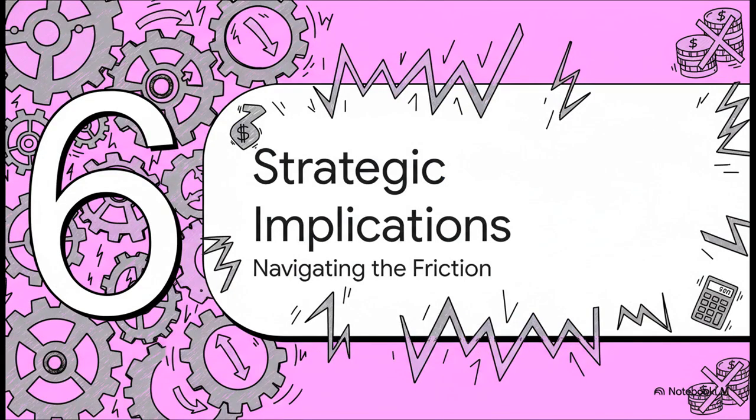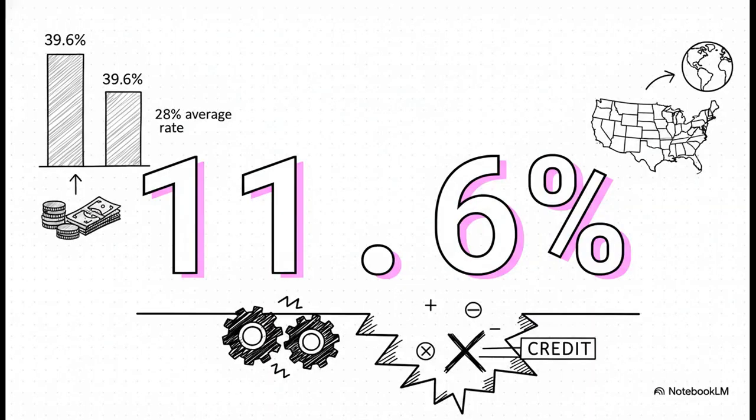Okay, so this brings us to the strategic implications, and this is where things get really tricky. What happens when these two rules, the credit scale down and the income stacking, collide? Well, tax pros call this mathematical friction, and it creates some seriously tough dilemmas for expats. And that friction isn't just a concept, it's a number. Look at this, 11.6%.